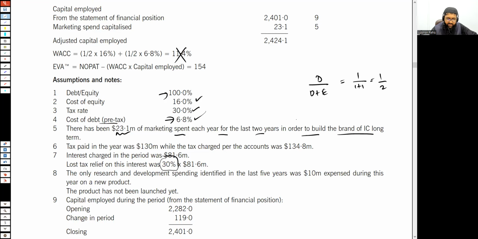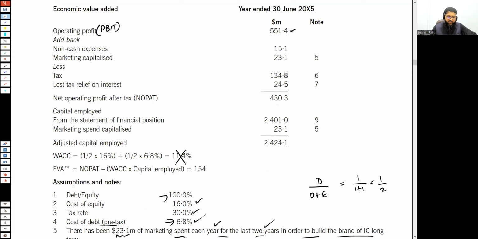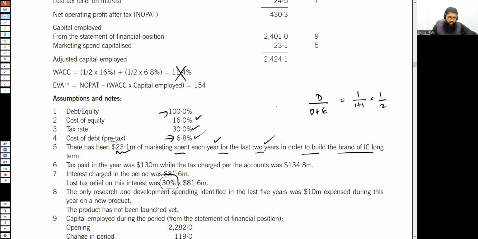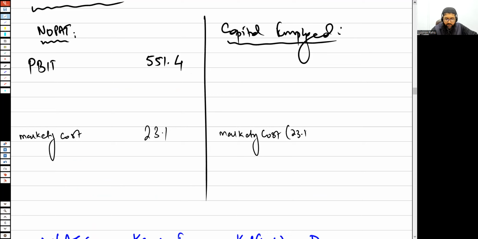What I'm assuming is that it's spent each year for the last 2 years in order to build the brand of IC. So my understanding is that it has been spent since the previous year and the year before that. So 23.1 multiplied by 2 is 46.2.